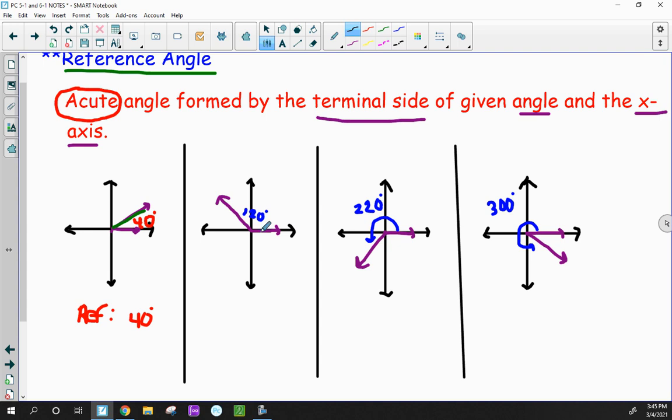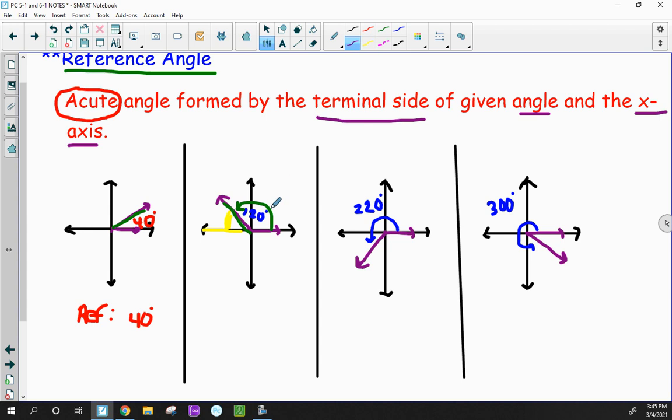Example 2, notice the terminal side, again highlighting in green, it lands in the second quadrant. I used 120 degrees for this example. To find the reference angle for 120 degrees, I have to find the terminal side, find the x-axis which is as close as you can get, and this angle that I'm highlighting in yellow is going to be the reference angle.